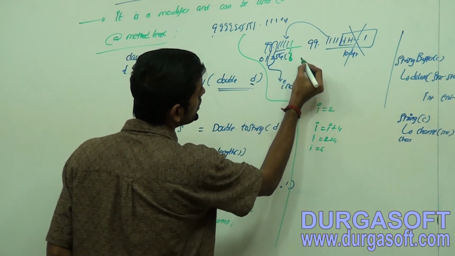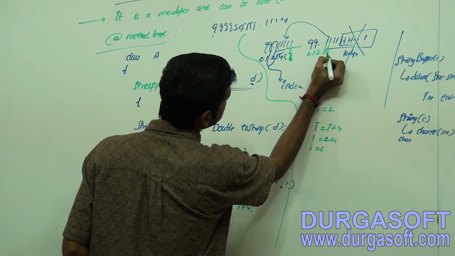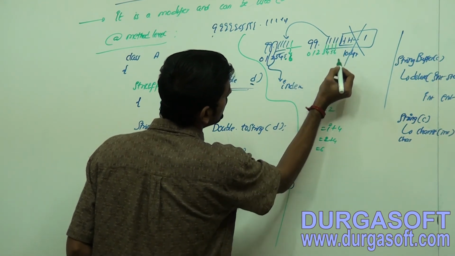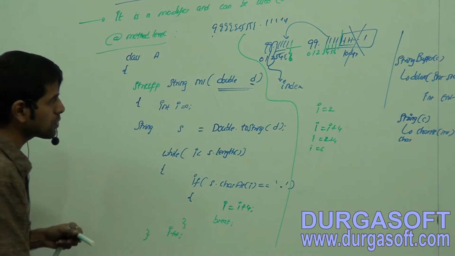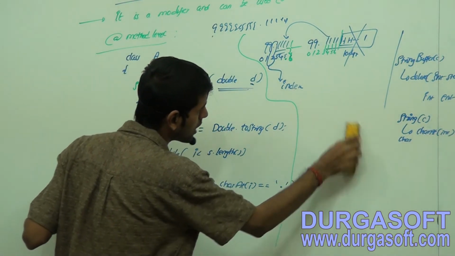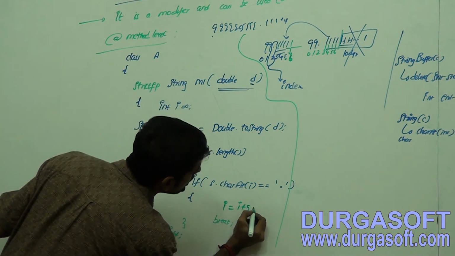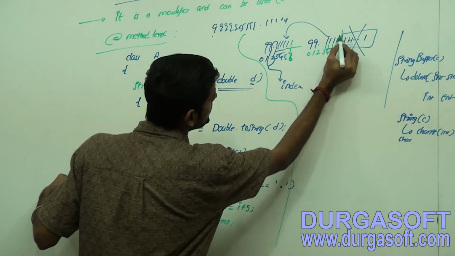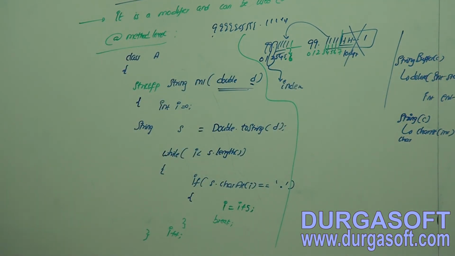From here onwards you have to delete. 0 1 2 3 4 5 6, and from the 7th onwards you have to delete. So let me put this as 5, not 4, friends. If I put 5, the value will be 7. Nothing else changes here.